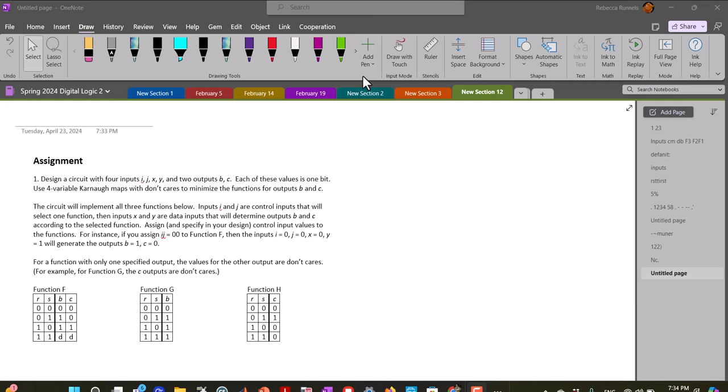You have 4 inputs, I, J, R and S. So looks like it changed from when he did this.